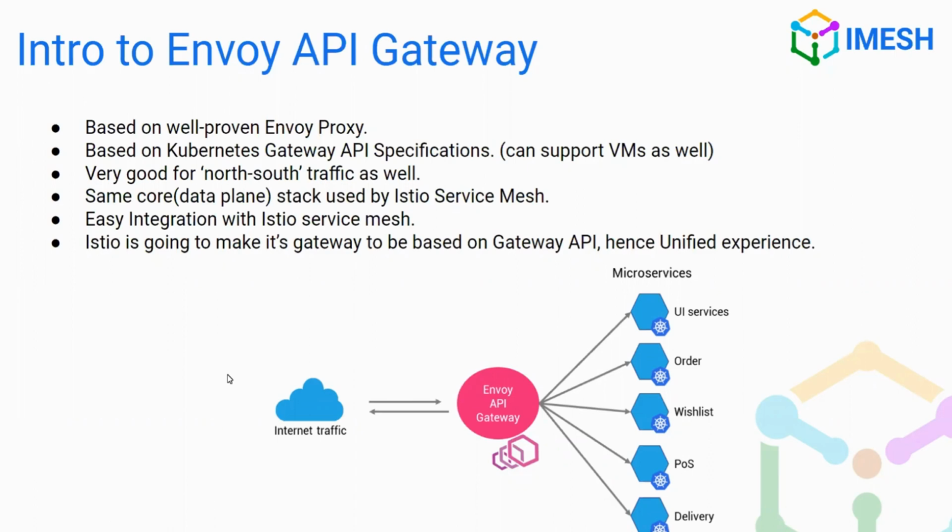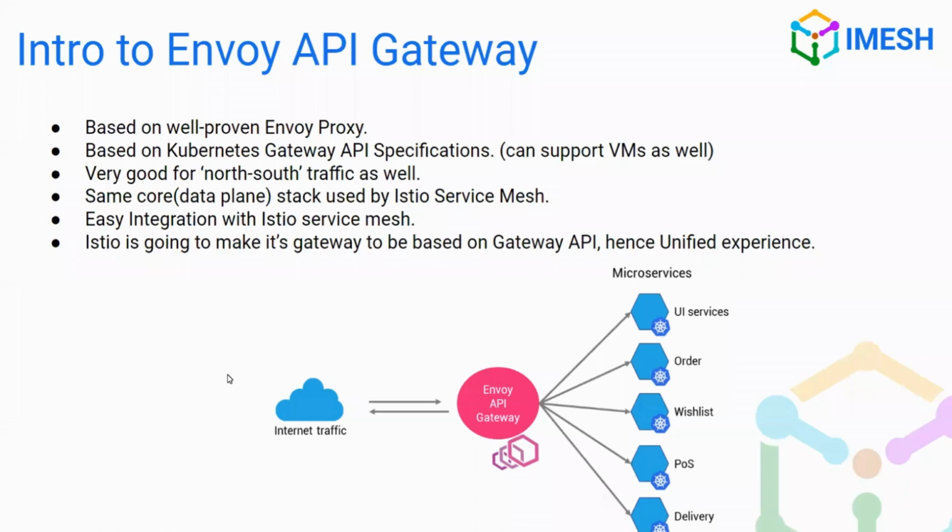It is based on the Kubernetes Gateway API specification, which means it is a generalized form. The specification brings simplicity for all Kubernetes users, defining particular rules so that it doesn't create any problem or confusion for end users. If a specification has been created, it is easier for any user to maintain.